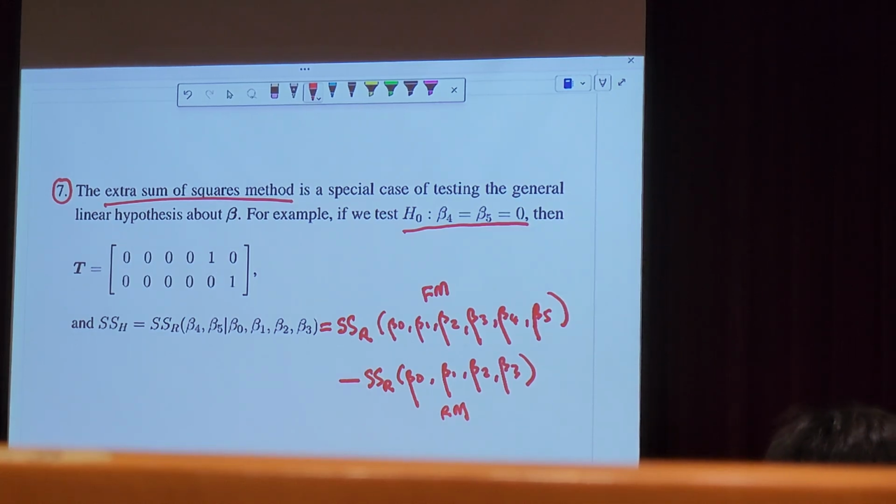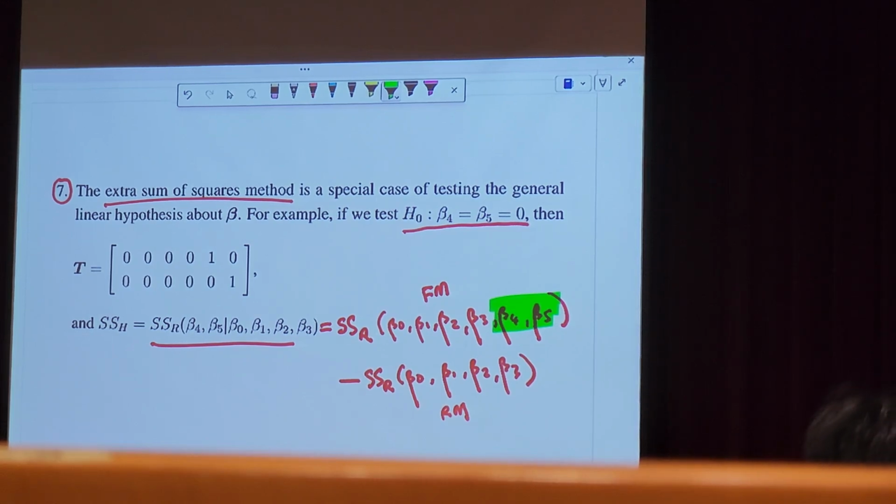So in the extra sum of squares method, I already have a reduced model comprising beta naught, beta 1, beta 2 and 3. I want to test whether I should include beta 4 and 5 or not. According to the extra sum of squares method that I described in the last lecture, this is the sum of squares that we should be using, because it will tell us the extra sum of squares due to these two.